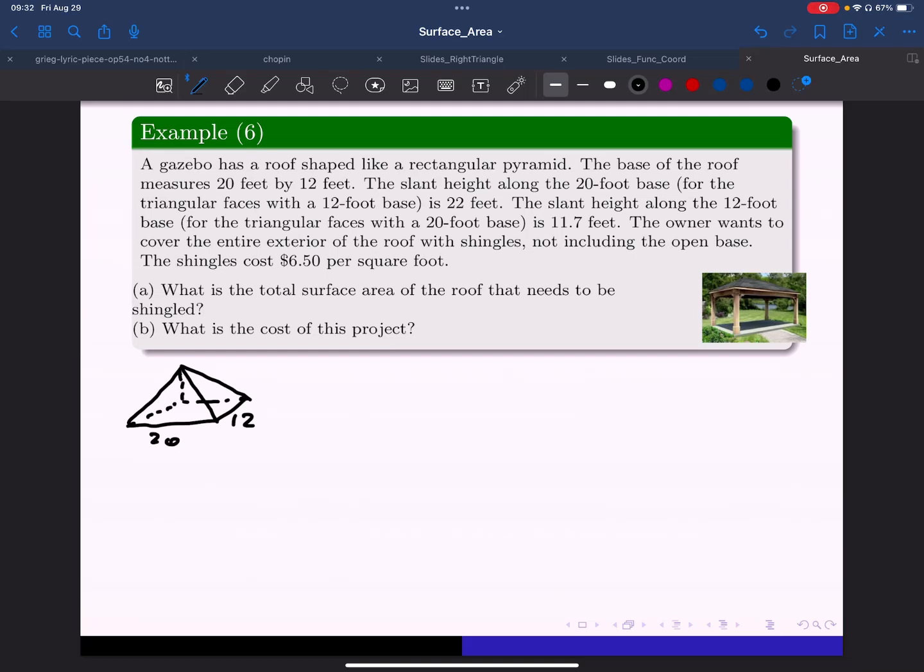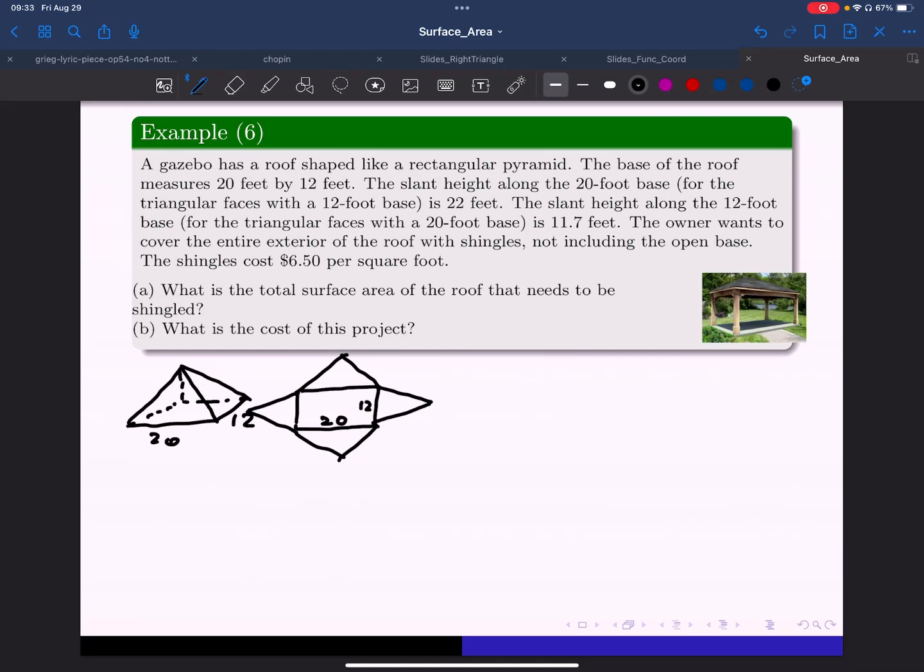Okay, if I cut this out and flatten this out, I'm going to get that this is 20 by 12, and then we have triangles on one side, a triangle on the other side, and here we have other triangles as well.